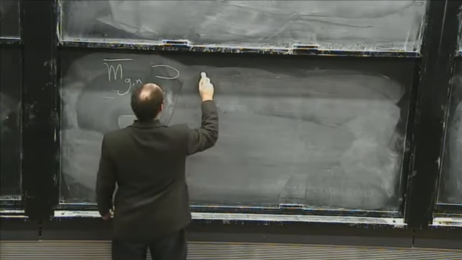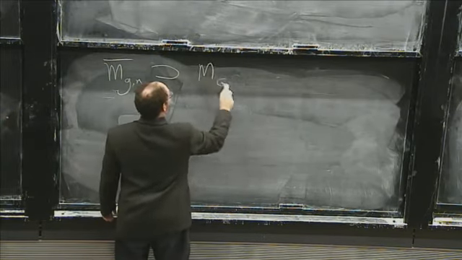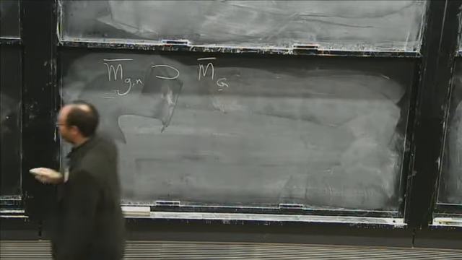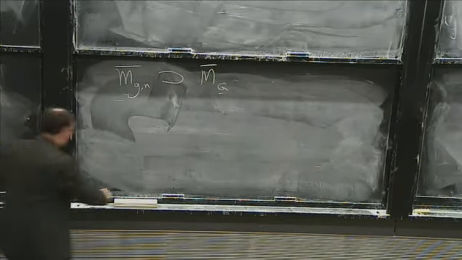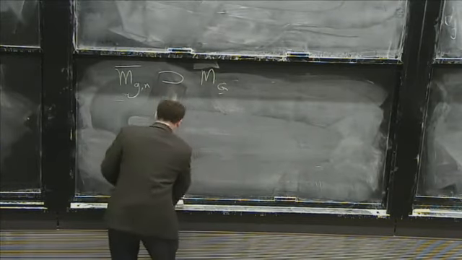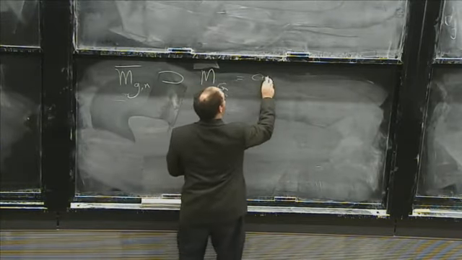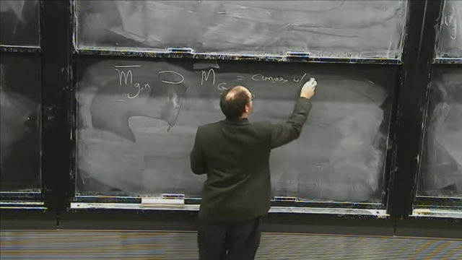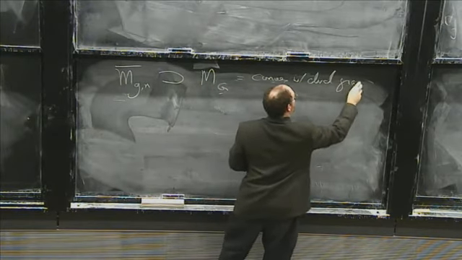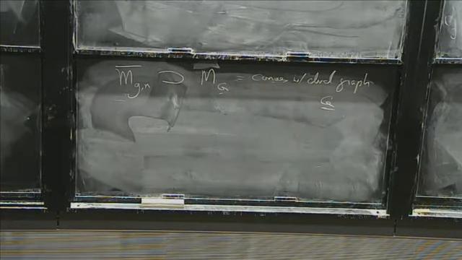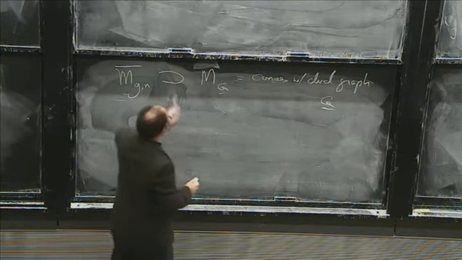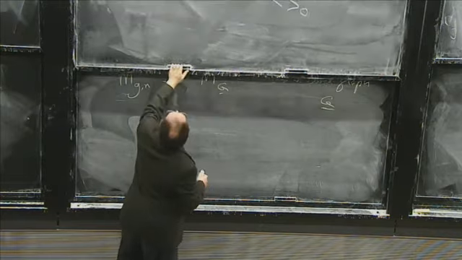For each G, we have M_G, sorry, not bar, which is curves with dual graph G. And those are precisely the locally closed strata of the moduli space. These are smooth and nice and everything. I'll say something about this a bit more.